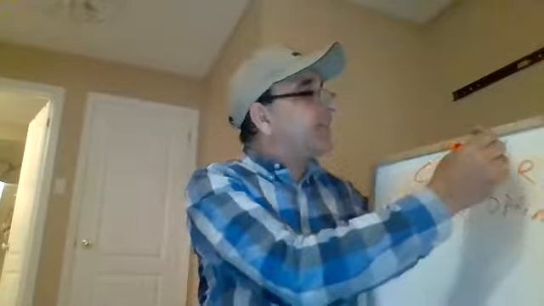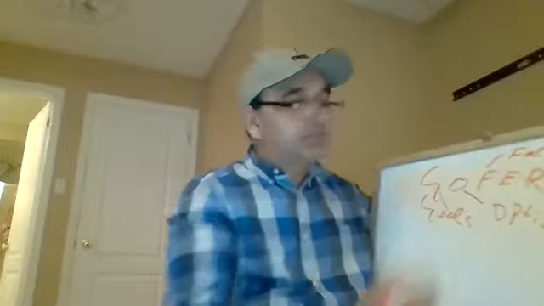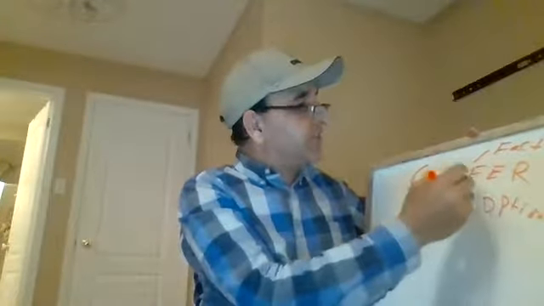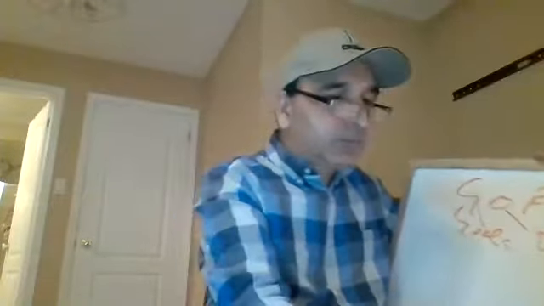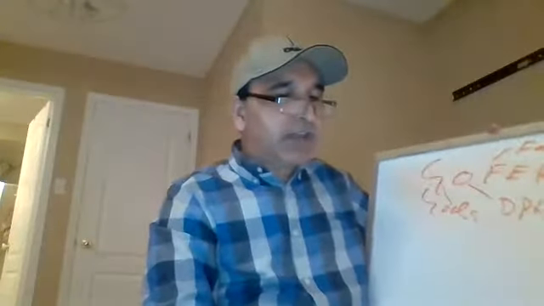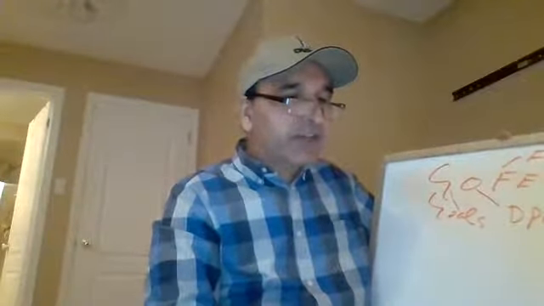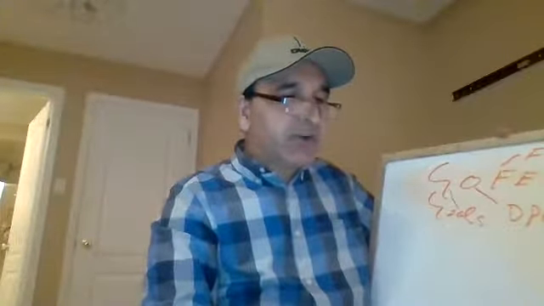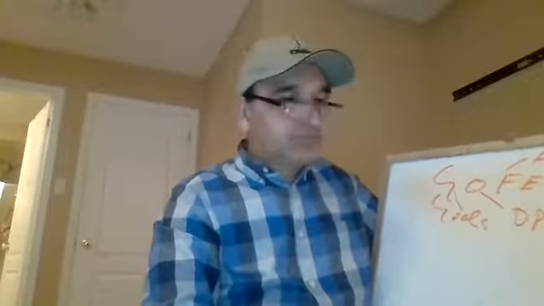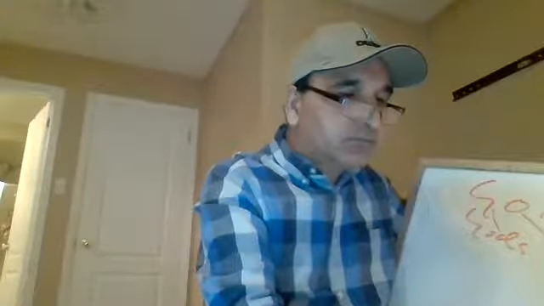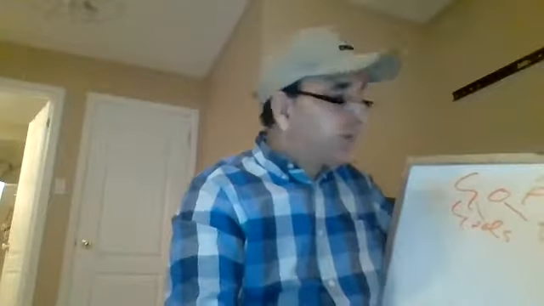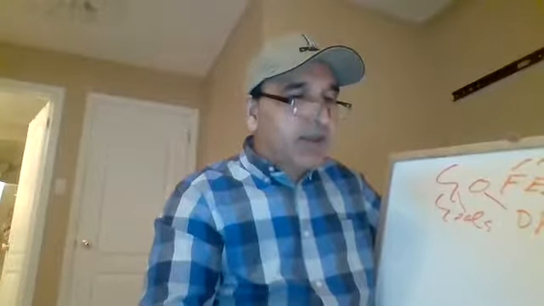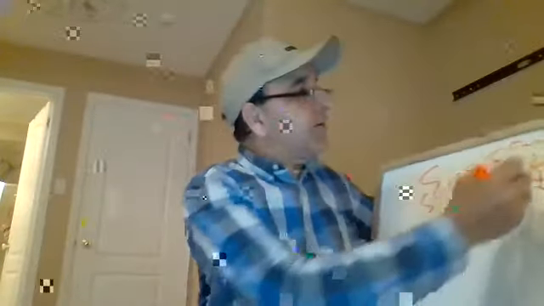Options generation. F is for facts, facts and figures, finding, search for information. E is for effects. What will be the effects of it? And R is for review.